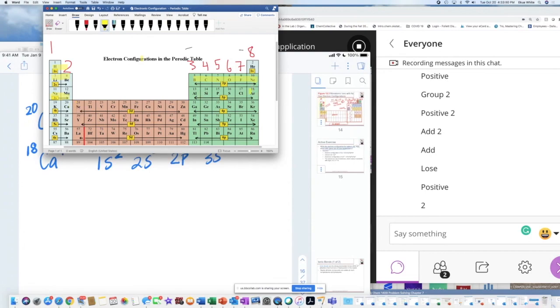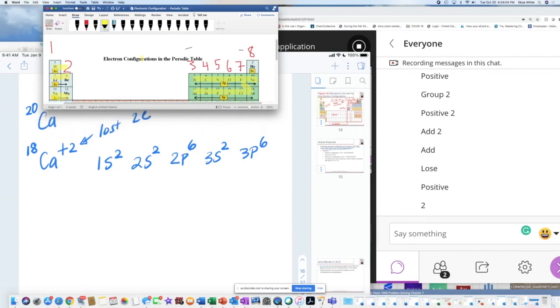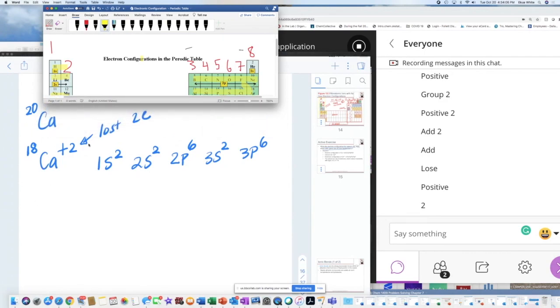We're going to argon, right? 2 away from calcium. Electron 13 all the way to 18 will be placed in 3p. 3p6. Okay? So the configuration for calcium after it loses 2 electrons, now it only has 18 electrons, is 1s2, 2s2, 2p6, 3s2, 3p6.